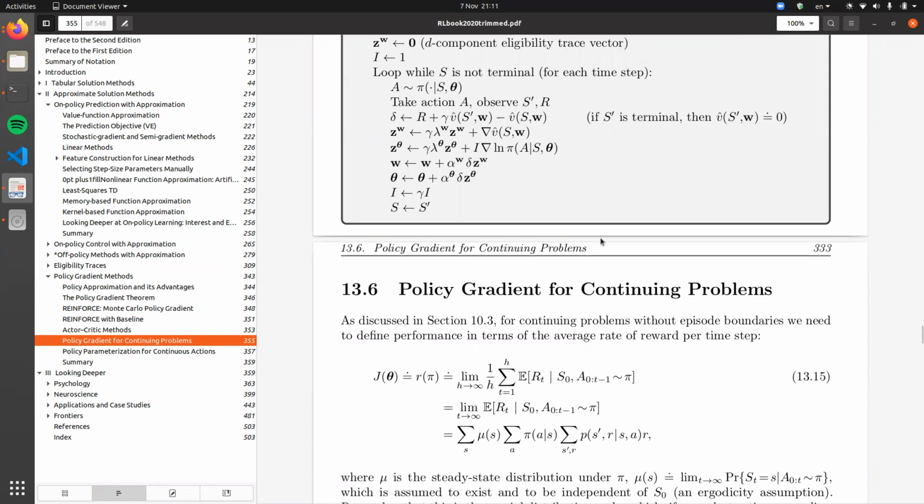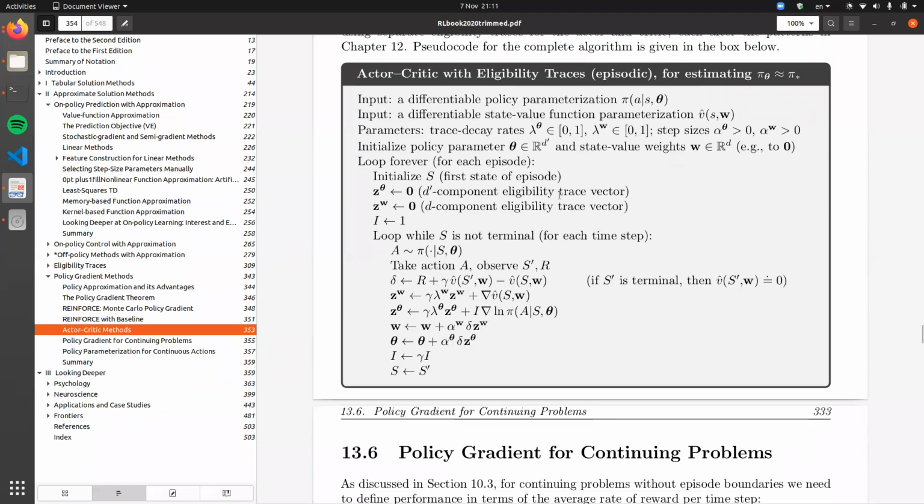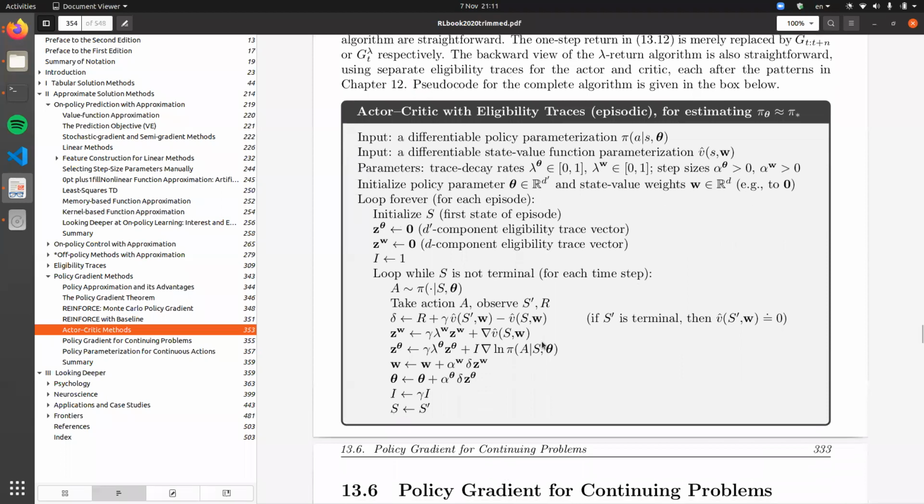So far we discussed the episodic case, and that was a useful simplification. We had the idea that our task will eventually end, and we can use the complete return to update our parameters.